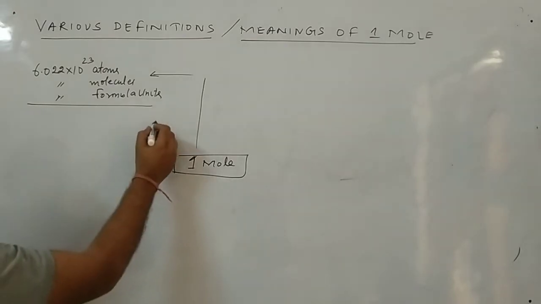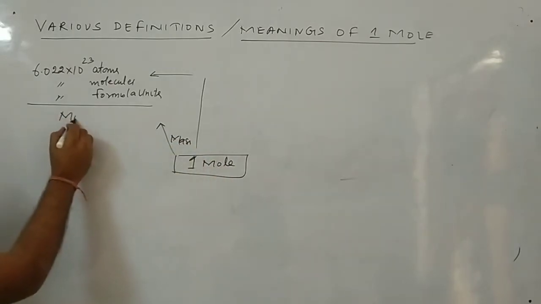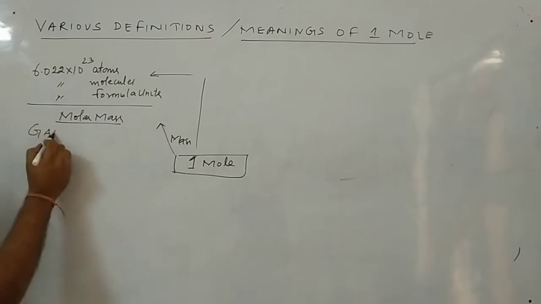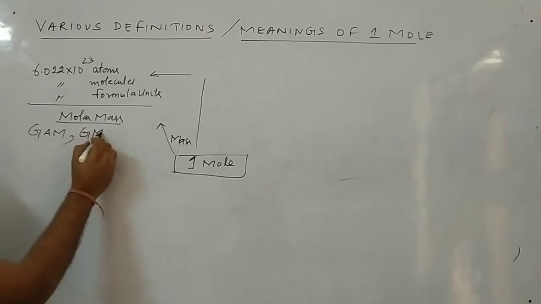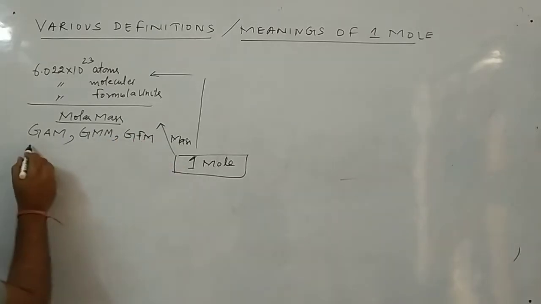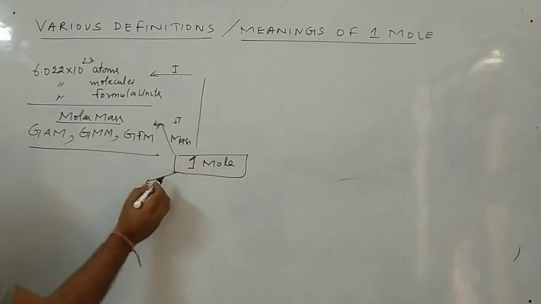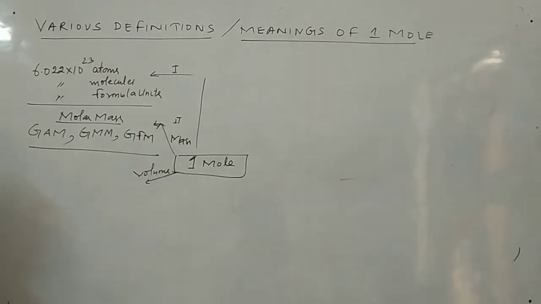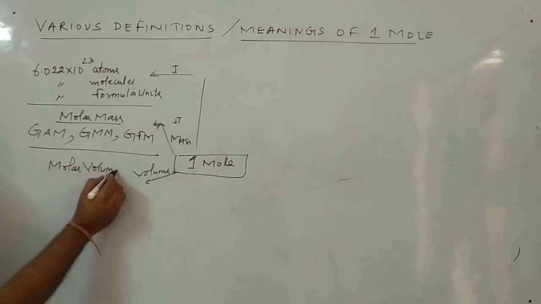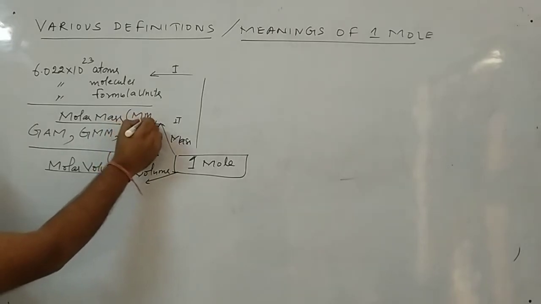Second, 1 mole will have the mass that is said to be the molar mass, which may be gram atomic mass, gram molecular mass or gram formula mass. This is the second one. Now 1 mole will occupy the volume that is said to be the molar volume. The molar volume is symbolized as MV, whereas molar mass is symbolized as MM.